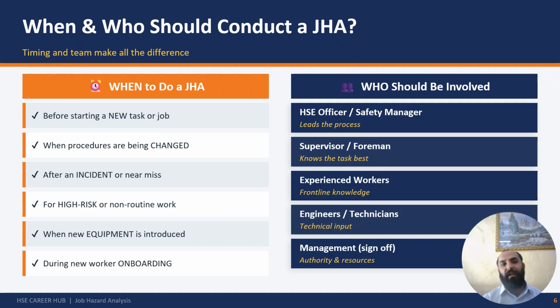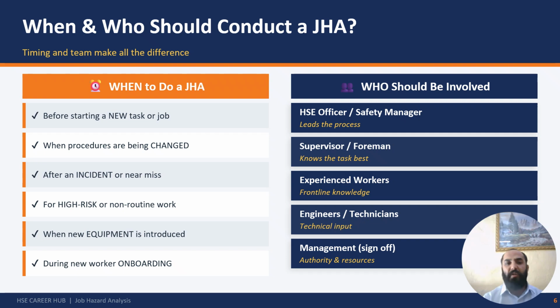Two questions I get all the time in the comments and from my colleagues are, when exactly should I do a JHA? And who is responsible for doing it? Let me answer both. When? Do a JHA before you start any new task that has not been done before. Do it when your procedures are changing.